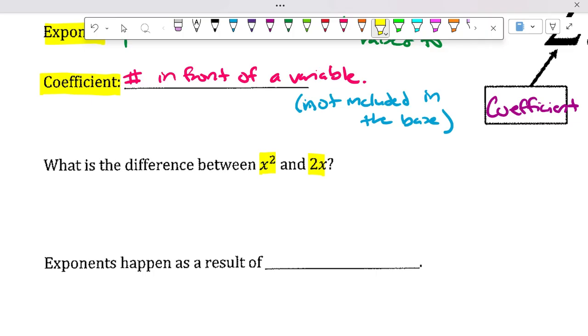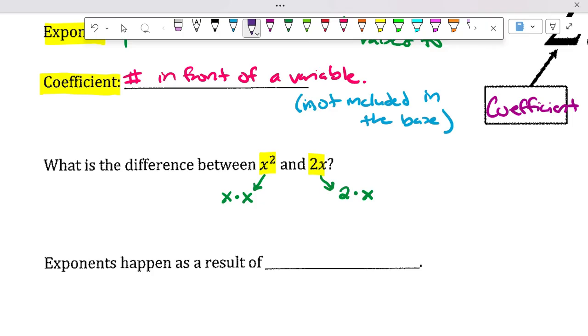That's correct. 2x is multiplication because you're doing 2 times x. X squared, if you broke it apart, you're multiplying x by itself.